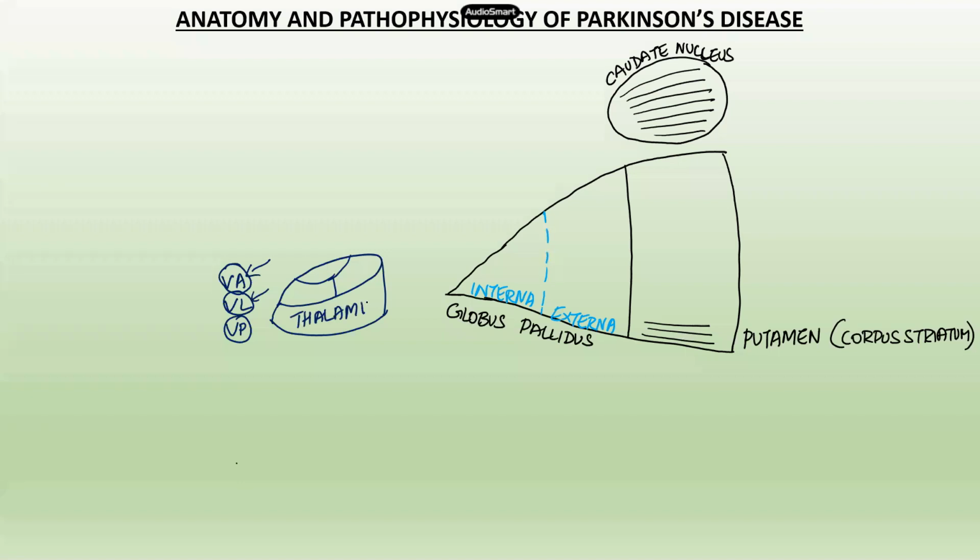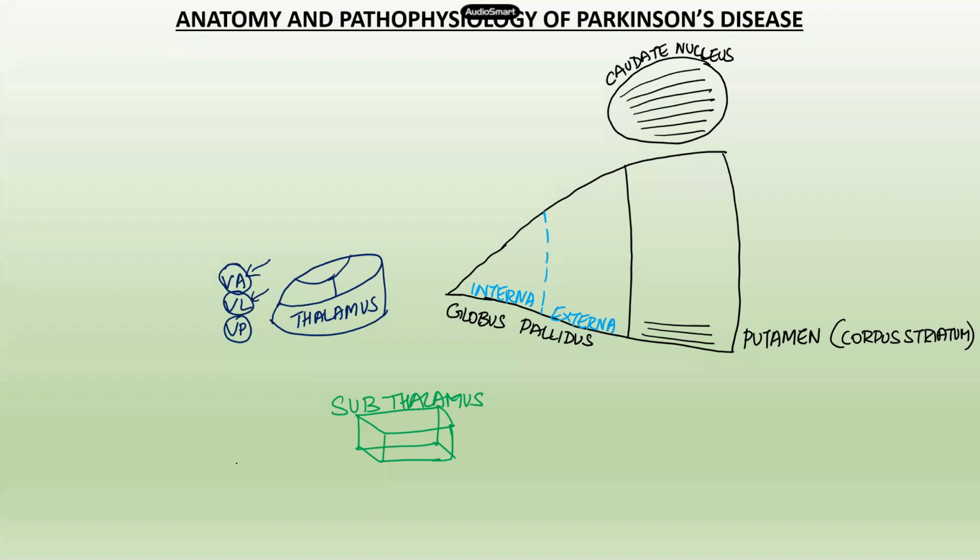Just beneath the thalamus, you have got another structure called your subthalamus. It's not actually like a box, but it's beneath the thalamus, and hence it is called the subthalamus.